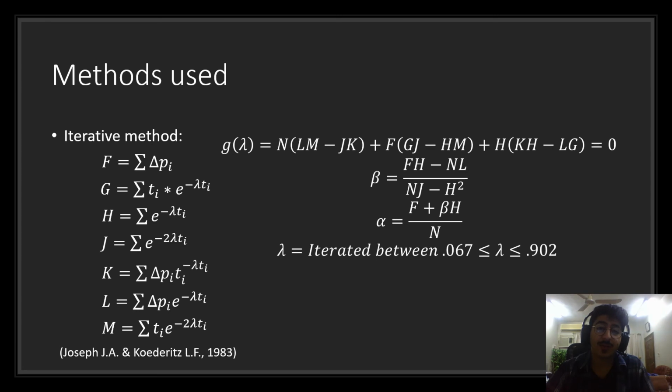So when our g lambda function becomes close to 0 or 0, we can safely say that our alpha, beta, and lambda values are correct. We will keep changing the lambda values depending on the research studies that showed our lambda values are between 0.067 and 0.902.